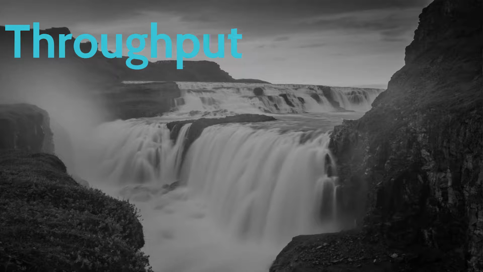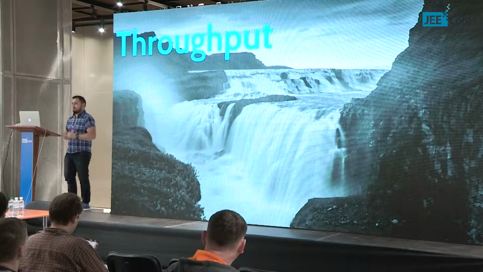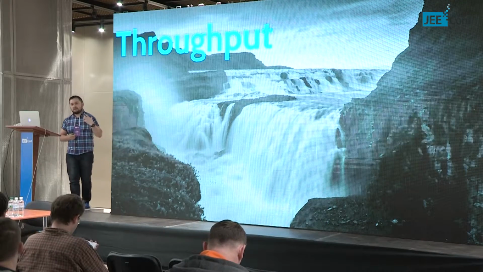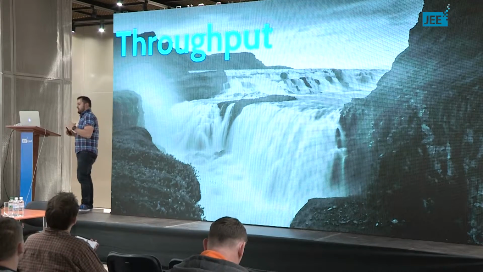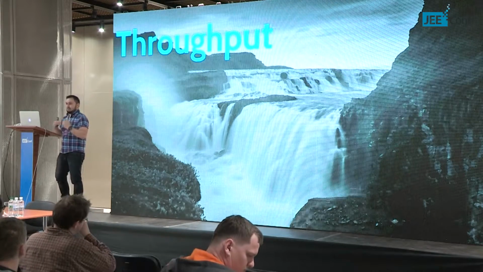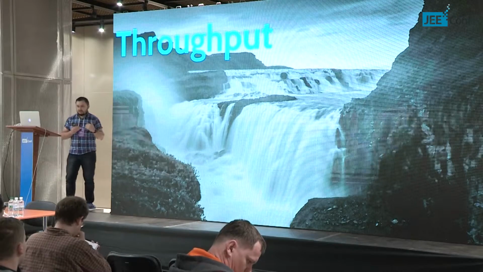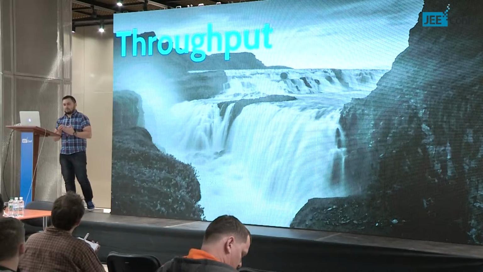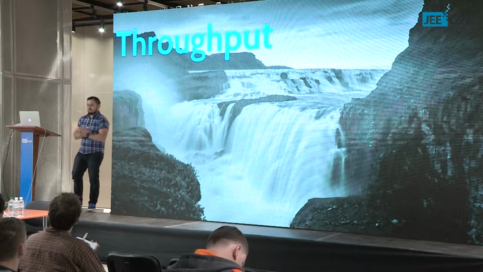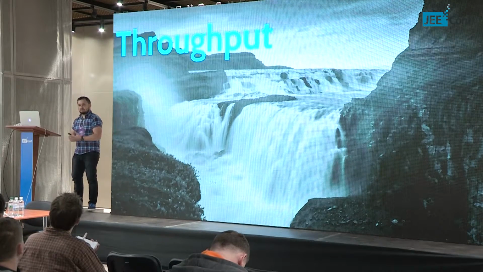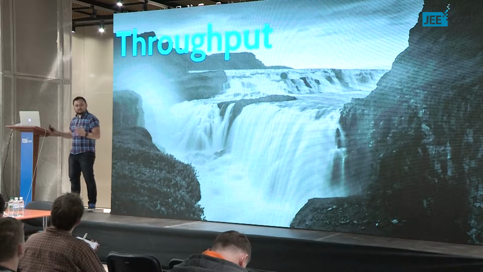And there is one more key characteristic called throughput. Throughput is the rate of events that occur to your application. And throughput and response time are pretty dependent on each other, because from one point of view, we would like to have the highest throughput we can, because in this case, our application will be capable of serving many more customers, right?